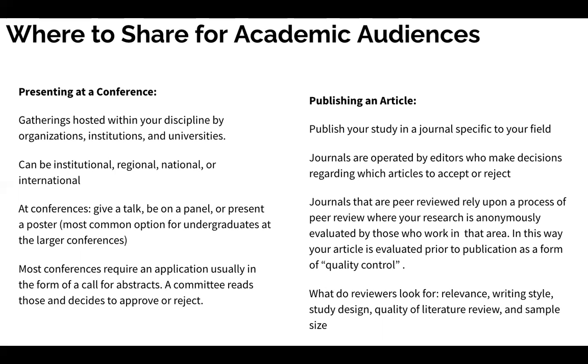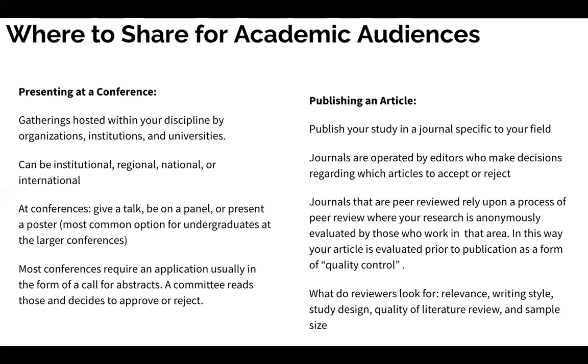subfields within your discipline. Journals are operated by editors, and the editors usually make decisions regarding which articles to accept or reject. If the journal is peer-reviewed, there is this additional process of peer review where your research is anonymously evaluated by a set of reviewers, usually 2 to 3 who work in the field that your research is pertinent to.